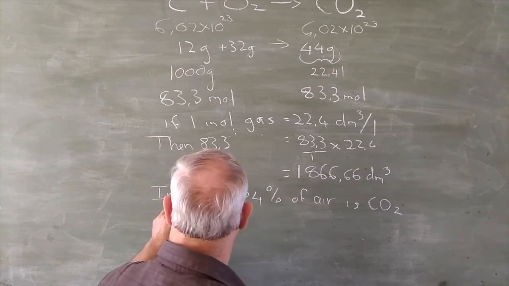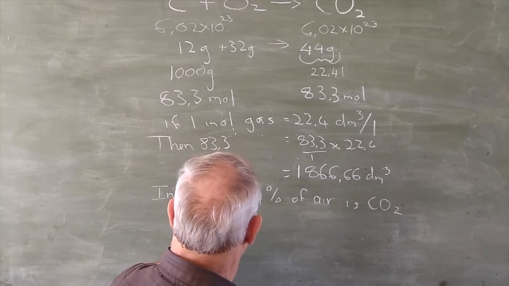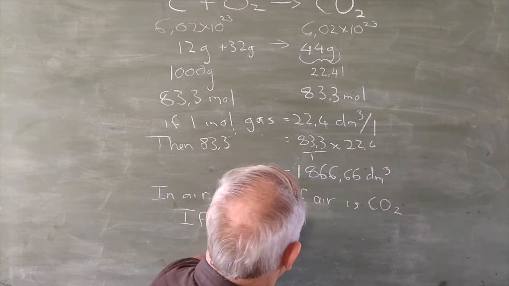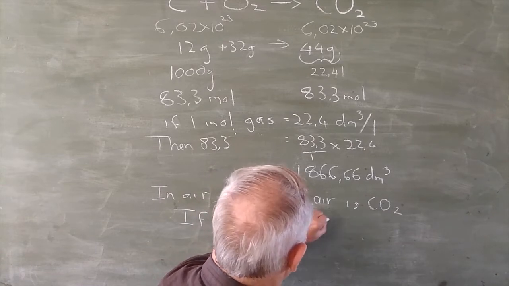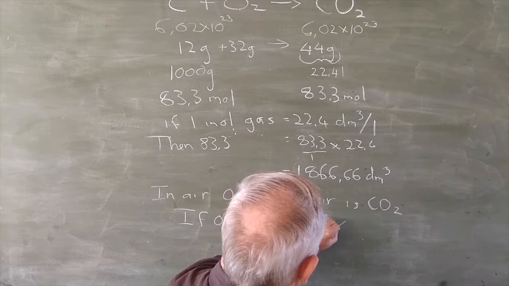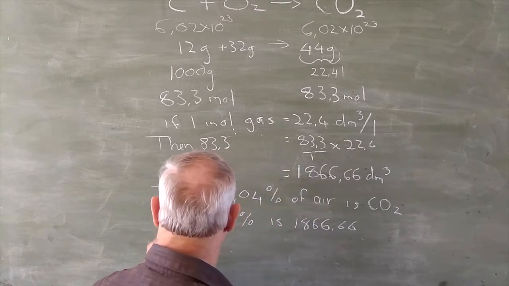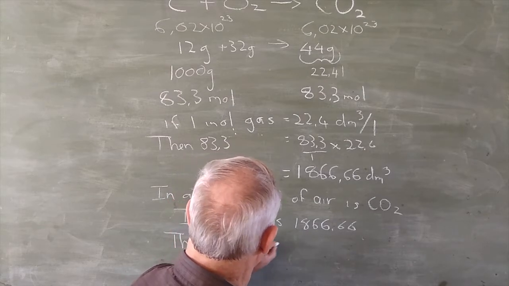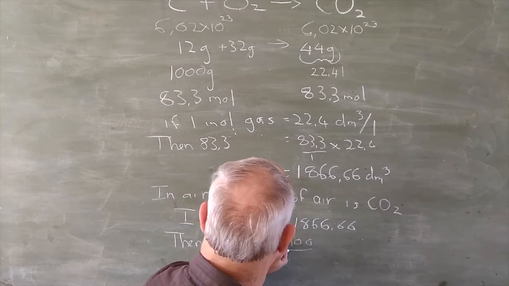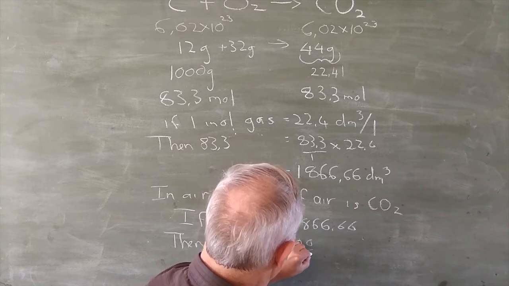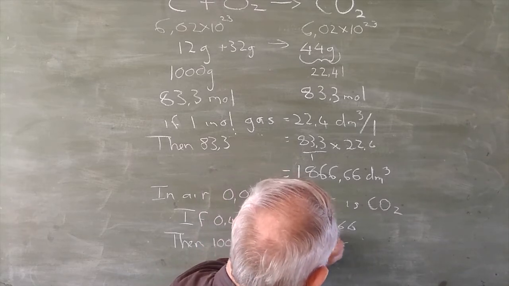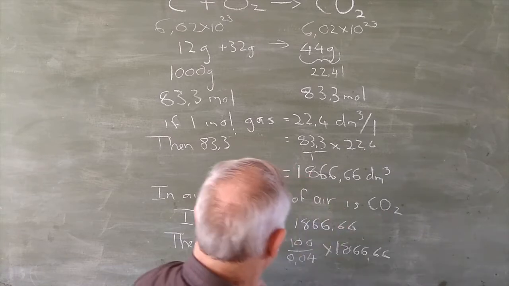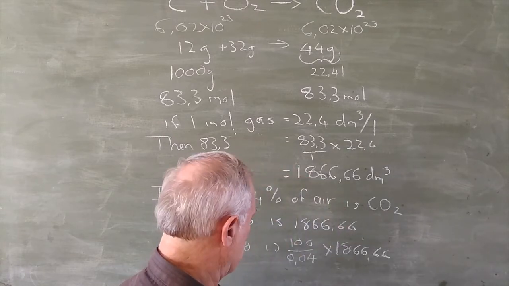Okay, let's say if 0.04% is 1866.6, then 100% is 100 over 0.04 times 1866.6. So let's do the calculation.